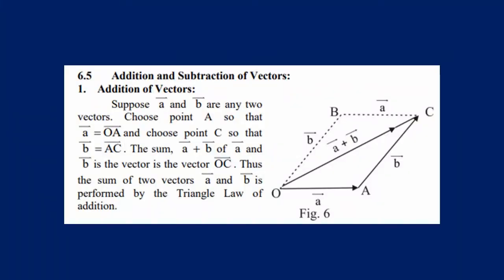When you add two vectors, you have what we call a resultant vector.